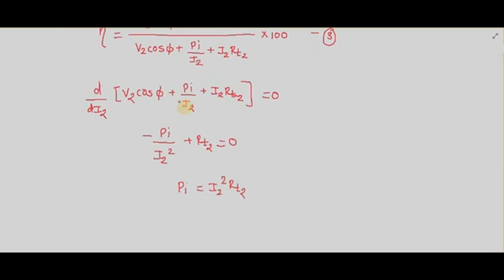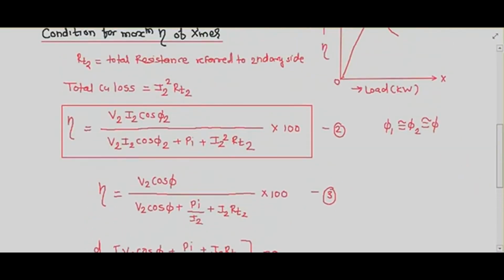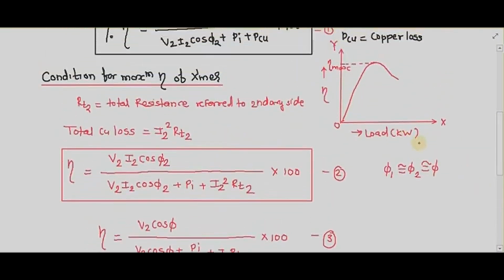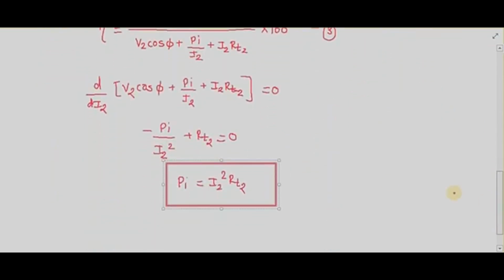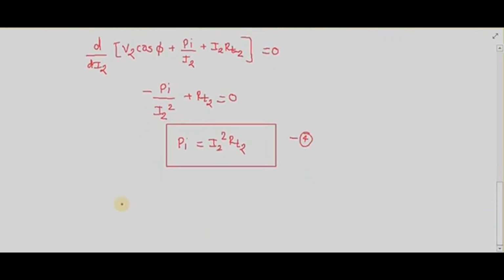But what is my I2 square RT2? Please see here, what is my I2 square RT2? It is nothing but total copper loss. So, from this equation number 4, we can conclude that the efficiency of the transformer is maximum for that load which makes my iron loss equals to the copper loss.